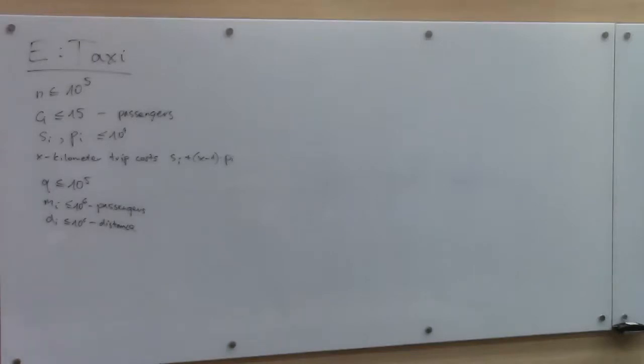There are some assumptions: once a passenger is in a car, they don't change cars, and also we can have some free seats in the car. So if we have only one cab with free spaces and only one passenger, it could go alone.